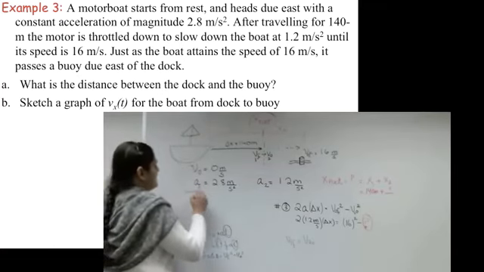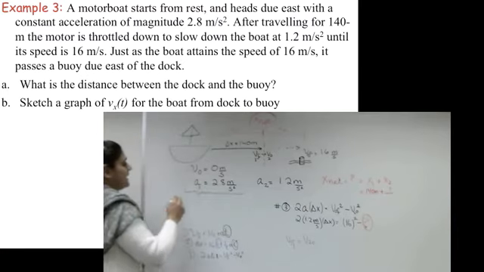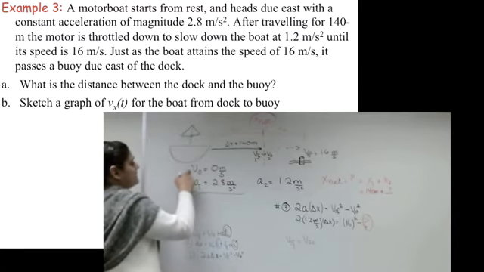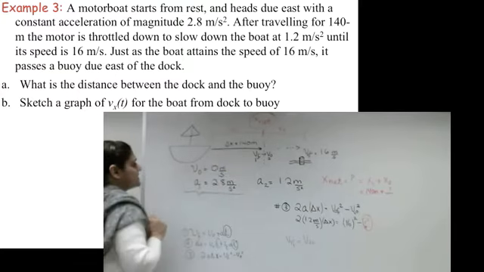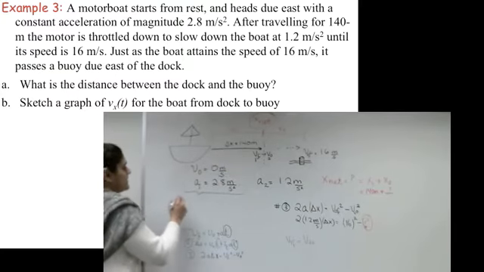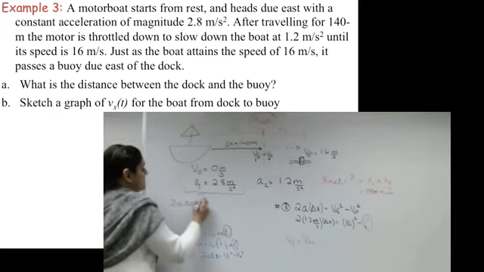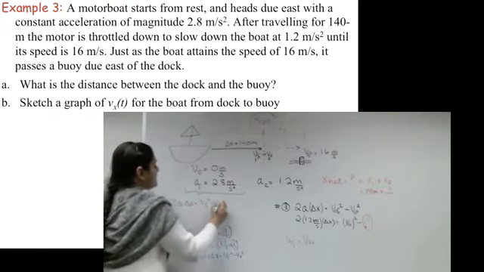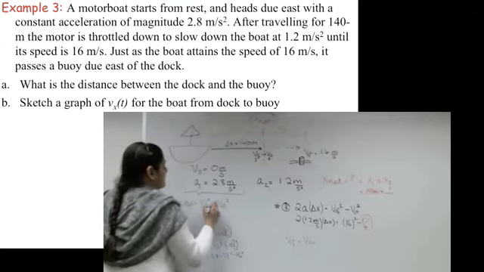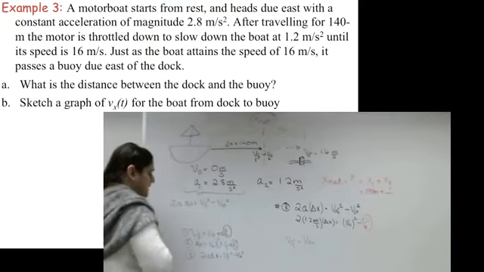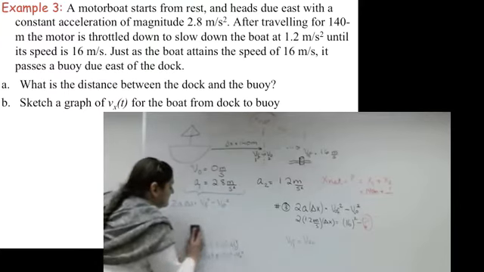Coming back here, I have A, I have V0, I have delta X. So I can use 2A delta X equals Vf squared minus V0 squared for my first leg. What does that give me?